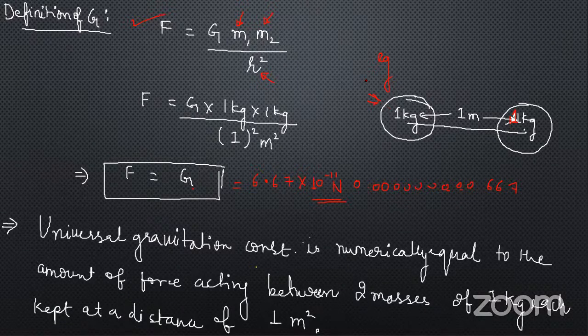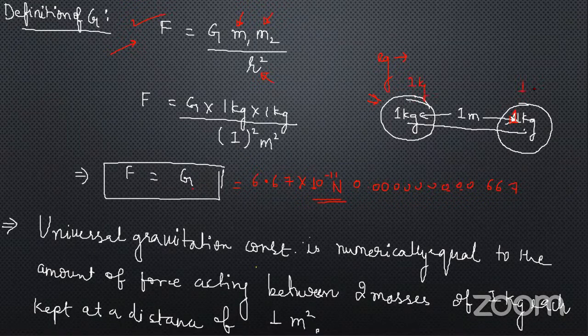So tell me. Ma'am, I understood till the formula. This formula you understood, F is equal to G m1 into m2 by r square. Yes, ma'am. So I told you that there is an example in which I need you to calculate the force of gravitation which exists between two masses having 1 kg mass each.